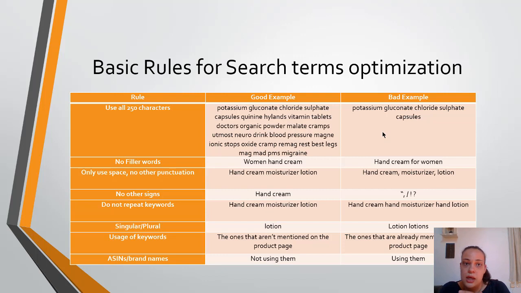Also, one big thing that we've seen a lot of sellers make mistakes about, which is ASINs and brand names. If you have a brand name mentioned at the beginning of your product title, which is one of the best practices you can do, great job with that. But do not mention it in the backend search term. There's no need for that. Also, you can be punished by Amazon if you use competitors' brand names. This is against Amazon's terms of service.